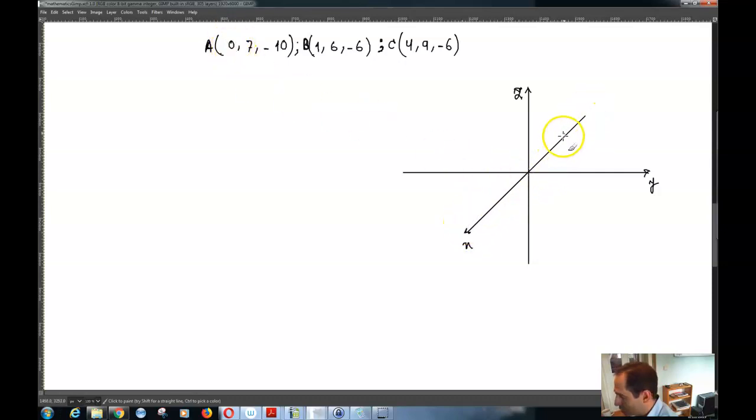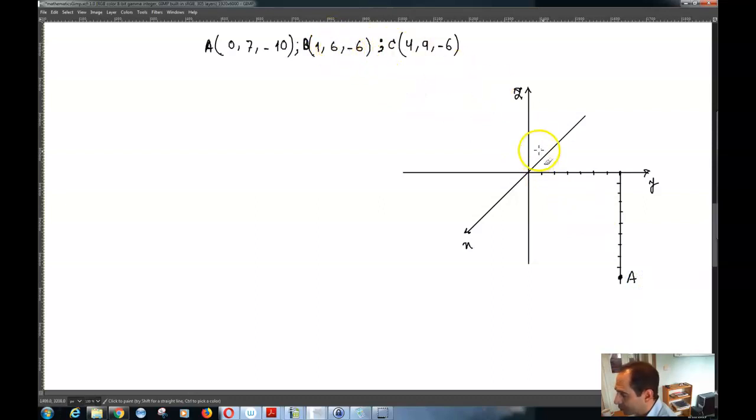That means that you're not moving along the x-axis, you're just moving along the YZ plane in space. So you go 7 units along the y-axis, that's 1, 2, 3, 4, 5, 6, and 7, and then negative 10 units down, 1, 2, 3, 4, 5, 6, 7, 8, 9, and 10, and that would be your point A.